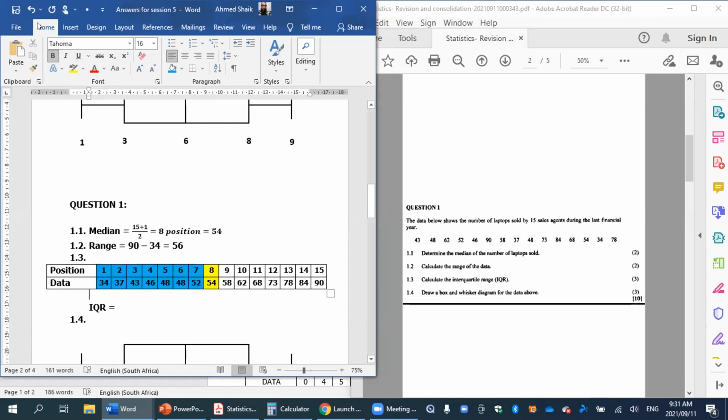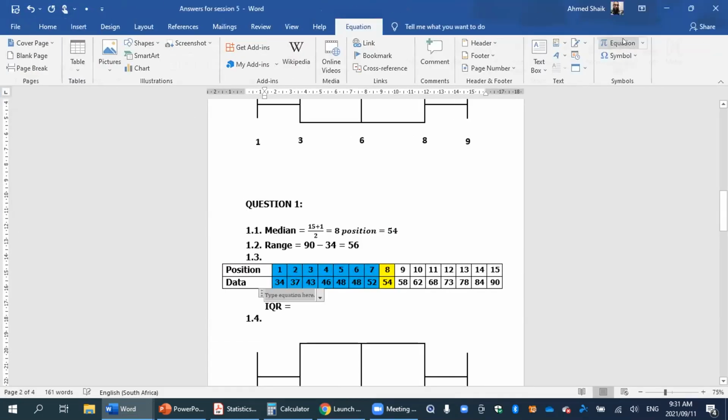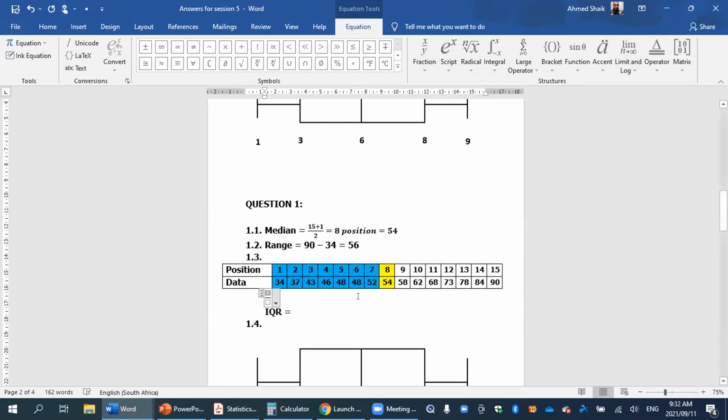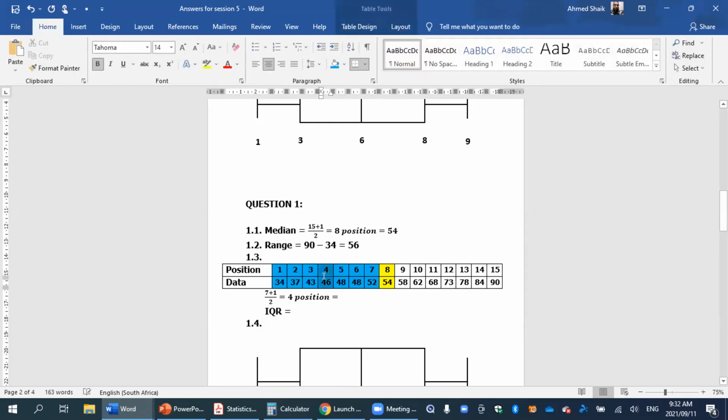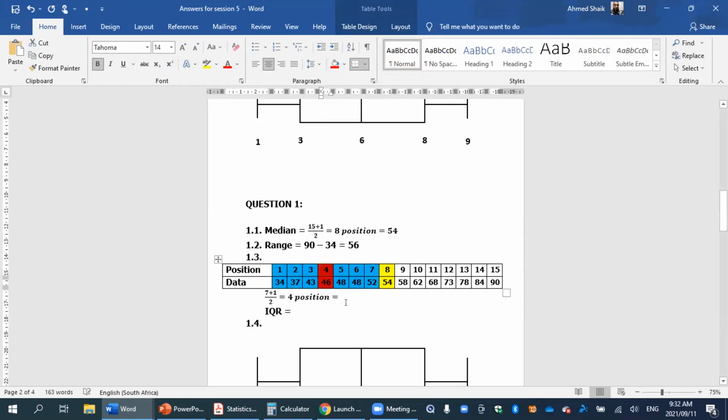Let's input our values into our formula. So n is equal to 7 plus 1 over 2. And that's 8 over 2, which is equal to the fourth position. Okay, let's look at what our fourth position is. And we can see that our fourth position is equal to 46.